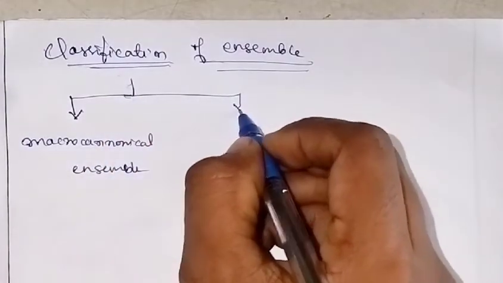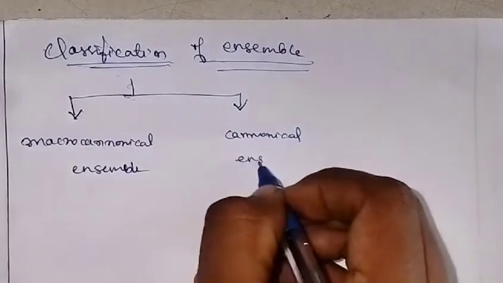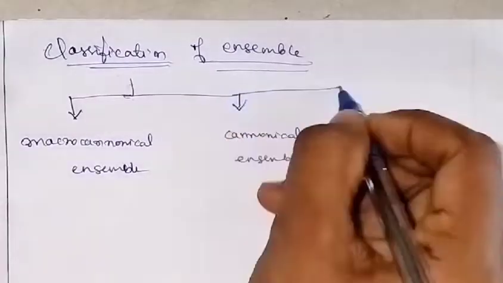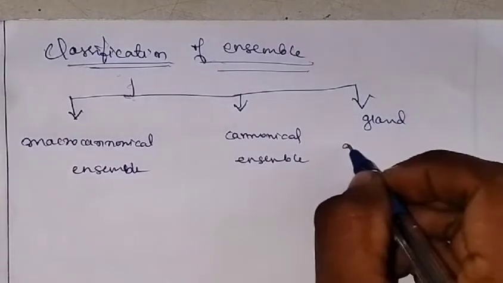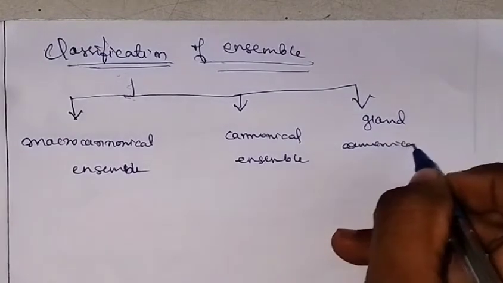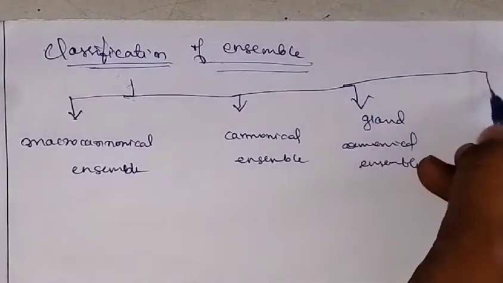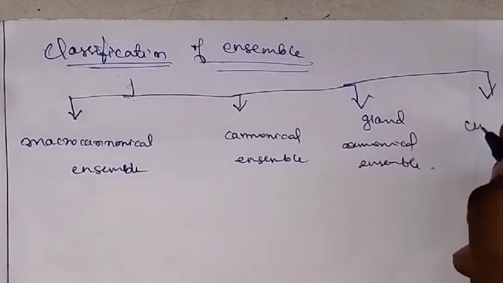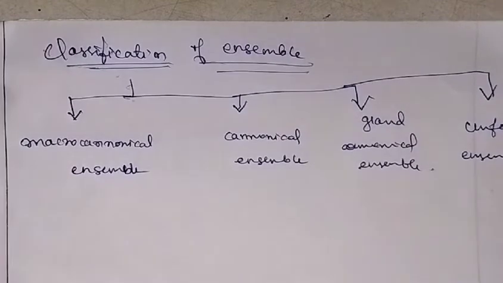The next one is the canonical ensemble. The third one is the grand canonical ensemble, and the last one is the uniform ensemble. These are the four different types of ensemble.